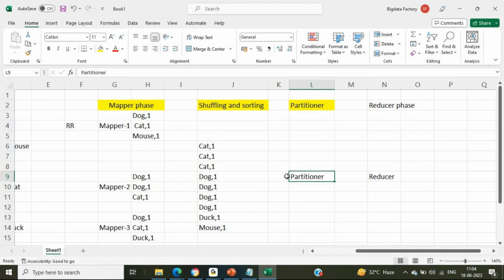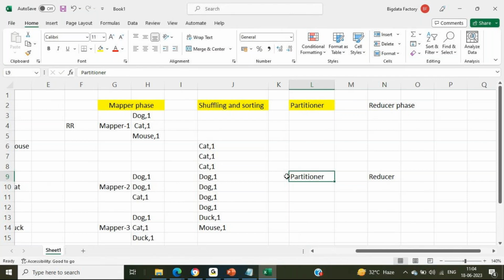Try to think of an answer. I think there is no need of a partitioner. I want input from each and every one.